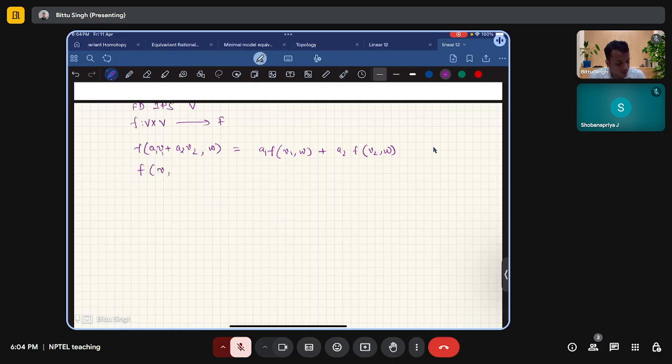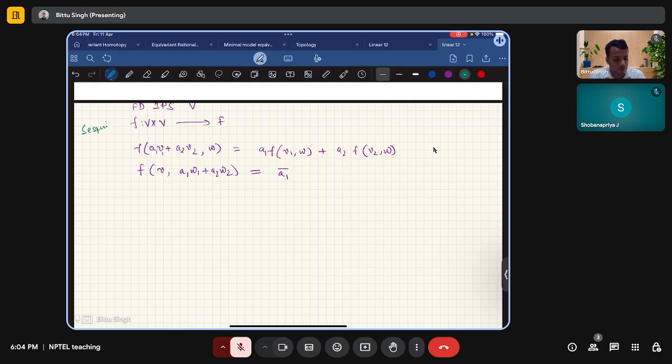if we take a combination in the second coordinate, suppose we take the combination a1 w1 plus a2 w2, then again it is the same as a1 bar, now we need to take conjugation, that's why it is called sesquilinear.